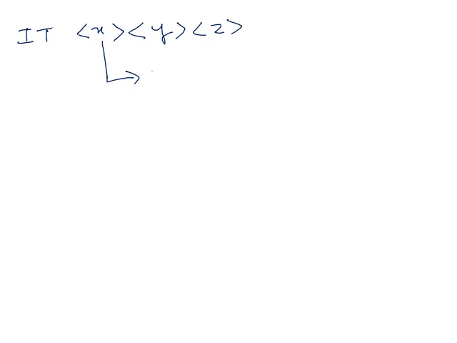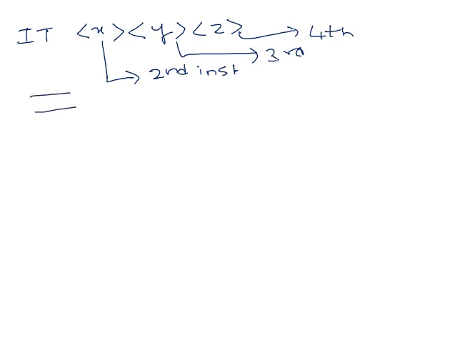Then the Y is for the third instruction. The then condition is for the fourth instruction. After this, whatever instructions you have written, they refer to or execute based on these things.